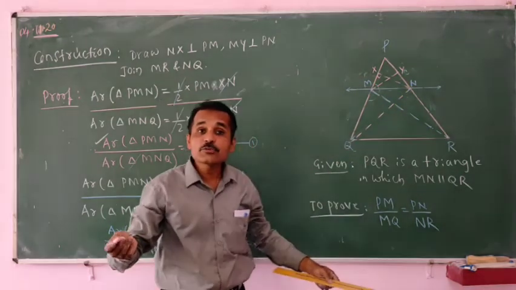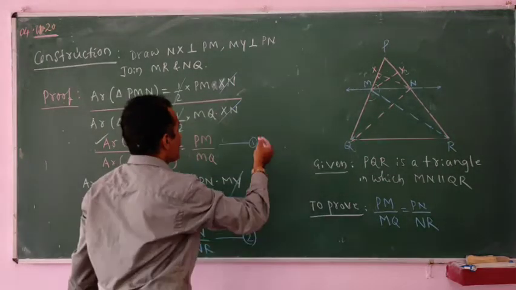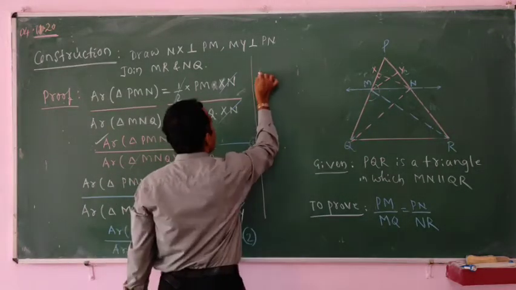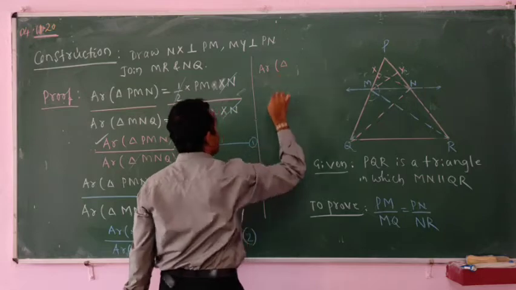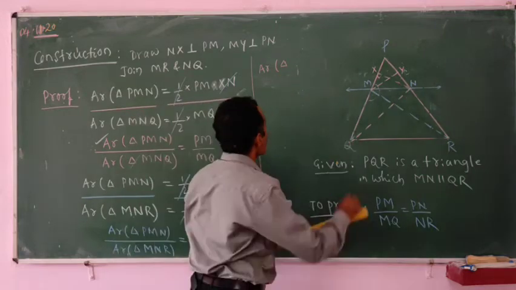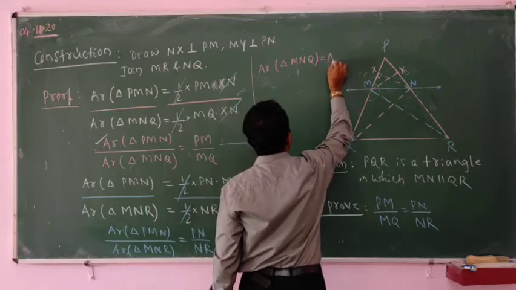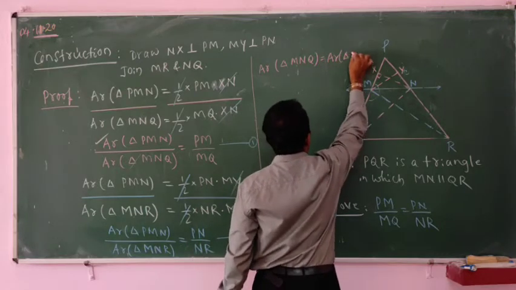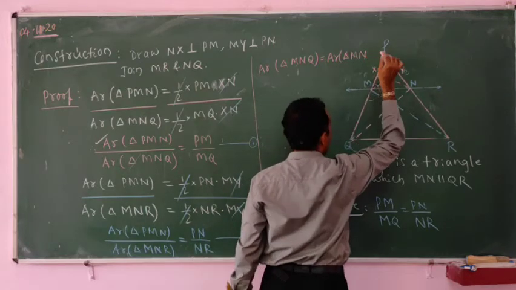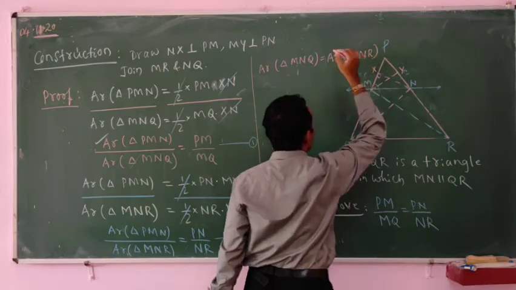Then the areas must be equal. Yes, I can write further: area of triangle MNQ is equal to area of triangle MNR.